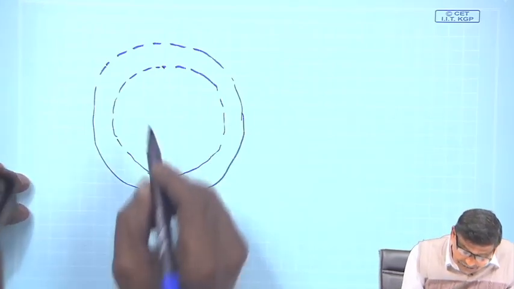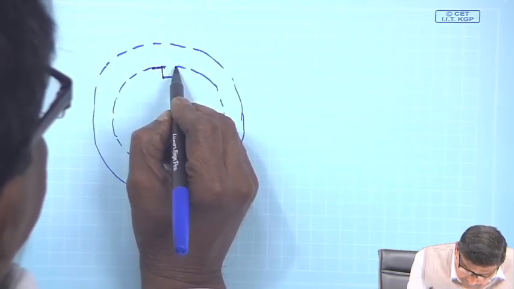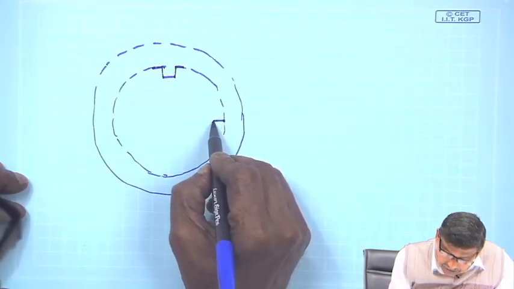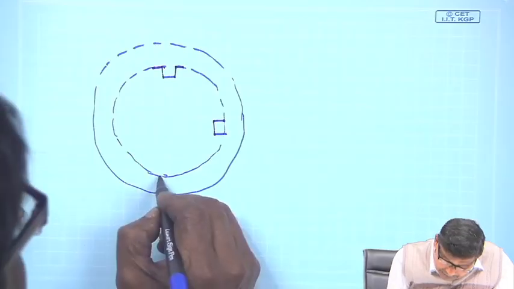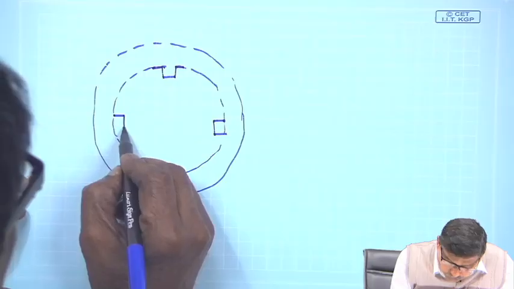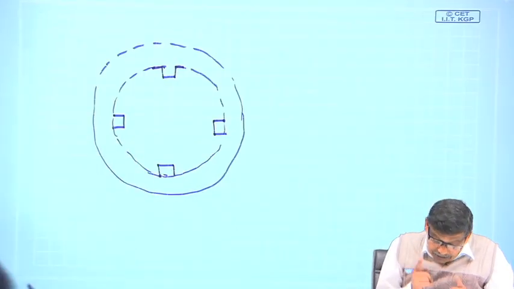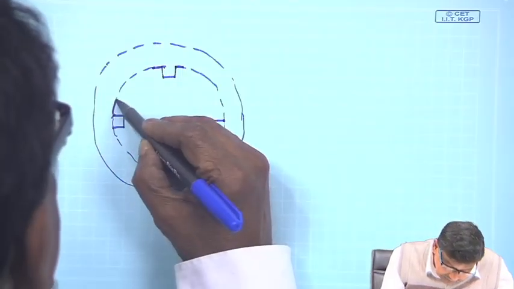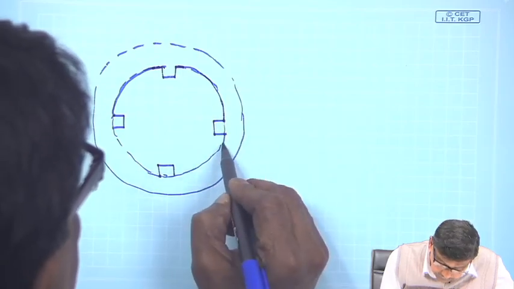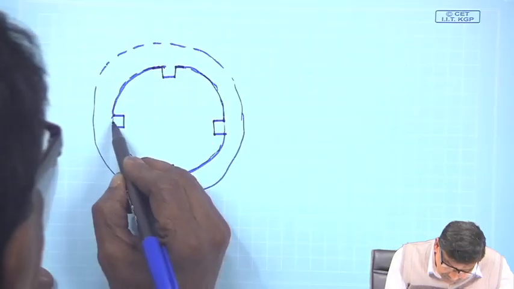Now, suppose you have a slot here, at 90° another slot, and another pair of slots, so there are 4 slots. Okay. Then what you do, listen carefully. So, this is the stator iron. These are open space.